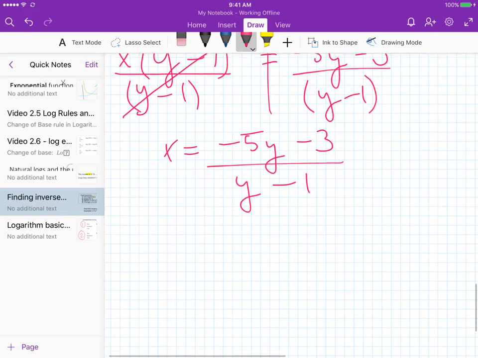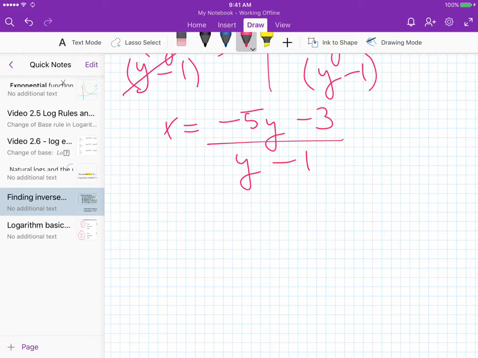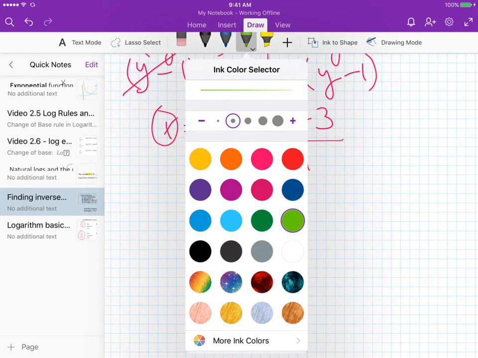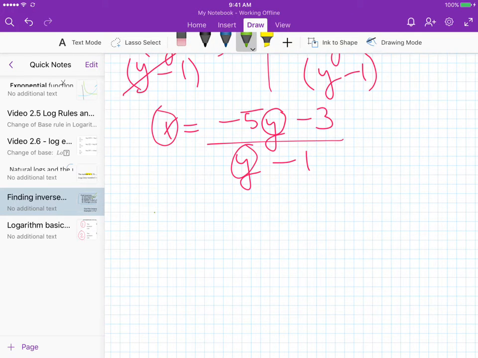I'm almost done. I've solved, but now I need to switch my x's and my y's. So now I'm going to write y where the x is and x where the y was. This shows up twice, still means I just switch it twice.